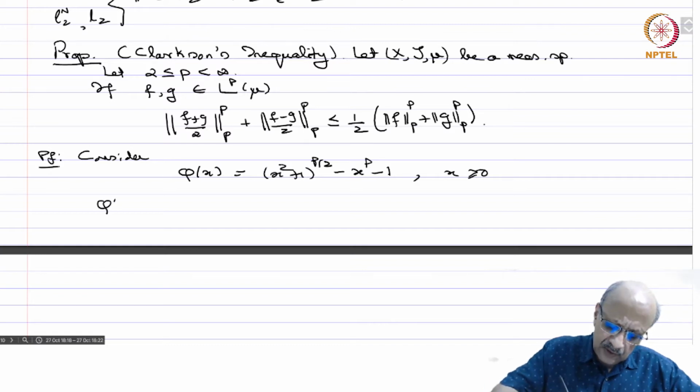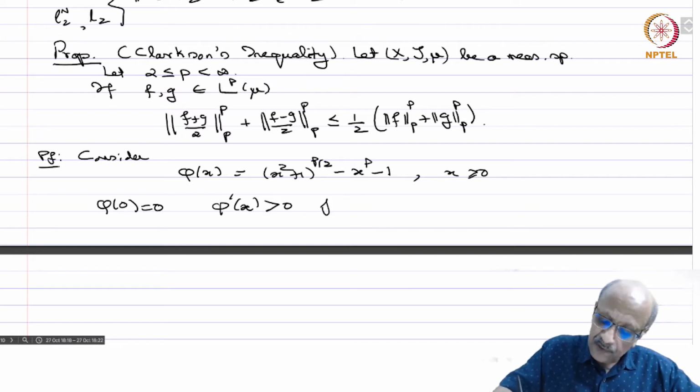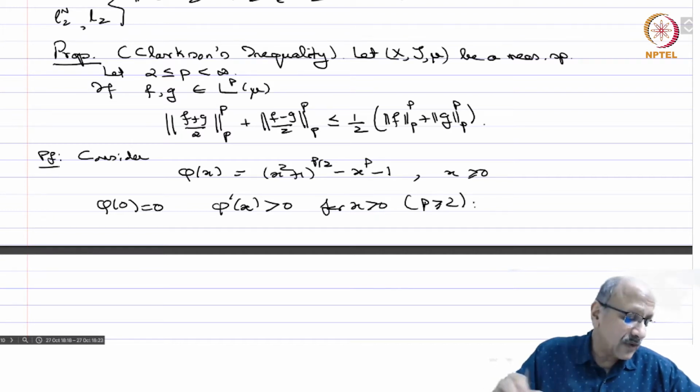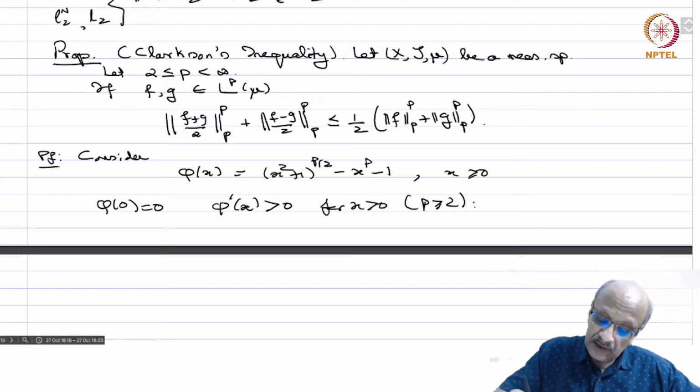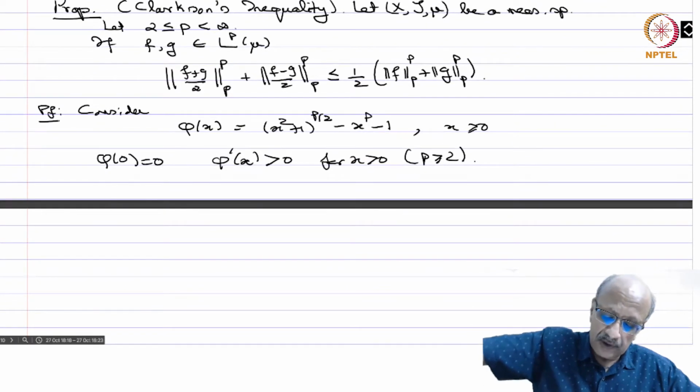Then it is easy to see that phi of 0 equals 0, and if you do the computation, phi dashed x will be positive for x positive, and this is because P is greater than or equal to 2. So that is the reason why we need this range of values of P. It's just a straightforward computation of the derivative.